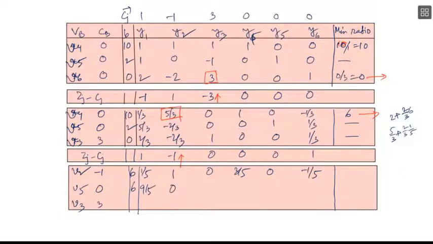It will be 0. It will be 2/3 into 3 by 5, that is 2 by 5.